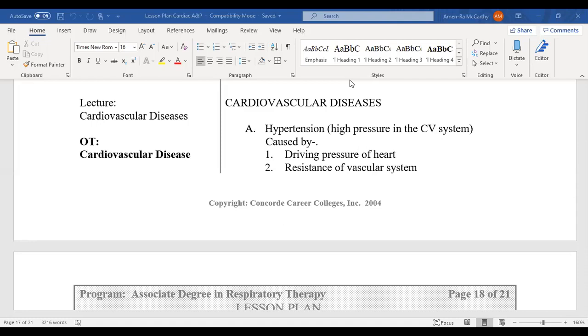Okay? And that also leads to the cardiac pulmonary edema, because if I have CHF, that means this is not working right. I'm starting to back up, right? Blood is coming back into the lungs because it's getting backed up. That is cardiac pulmonary edema. That's the lungs full of fluid because of the heart.